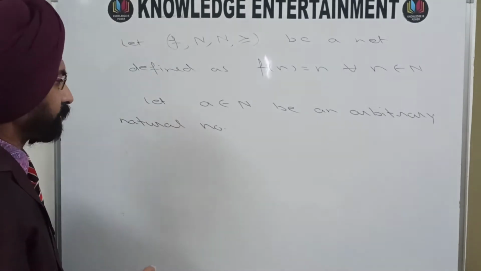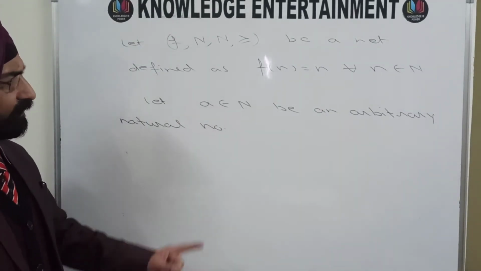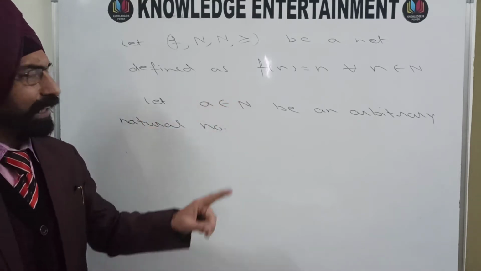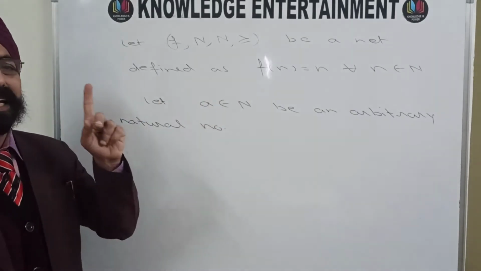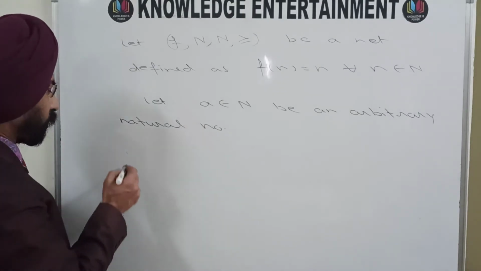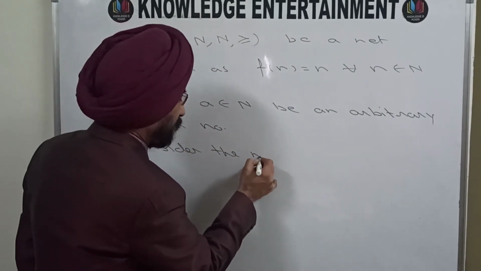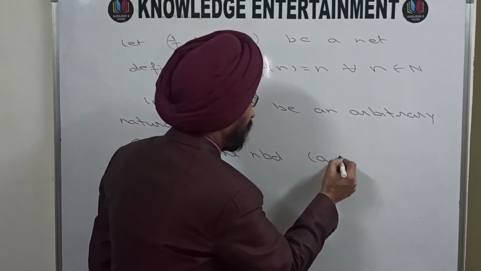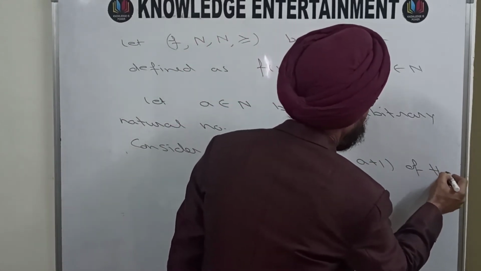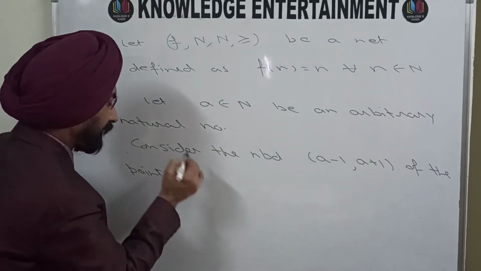How it can be proved? So here this a is an arbitrary natural number. If the net has this point a as a cluster point, then f must be in every neighborhood of this point. So let us take some particular neighborhood. So consider the neighborhood (a minus 1, a plus 1) of the point a.